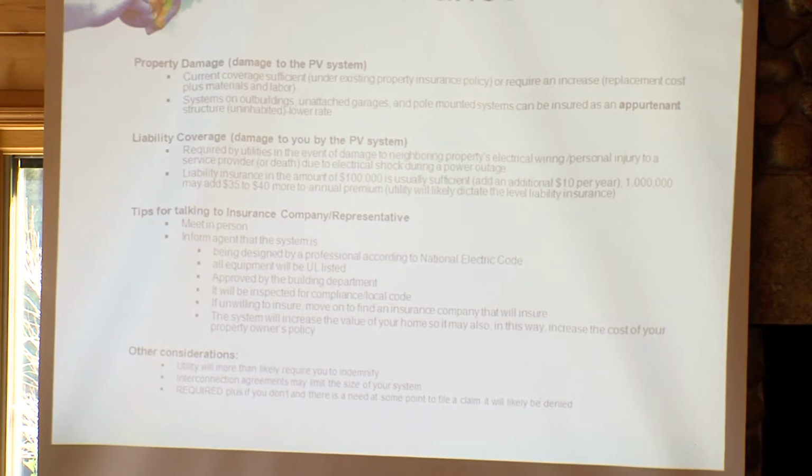That may add an additional $10 per year out of pocket, but $1 million may add $35 to $40 more to your annual premium. The utility will likely dictate the level of liability insurance. Essentially, let's say a line is your utility. They may just tell you what you have to do, and then you talk to your insurance agent and up your premium.